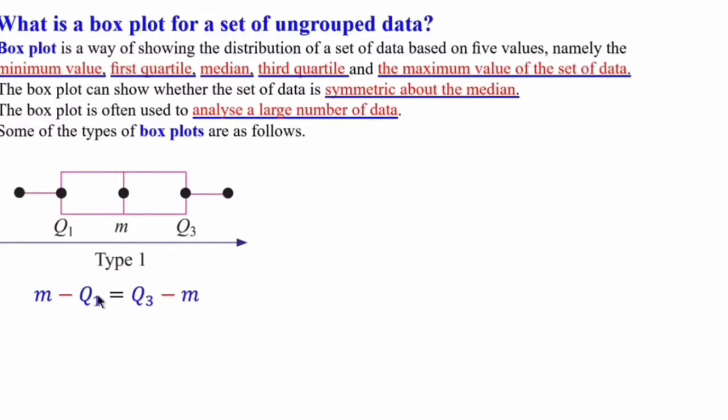The box plot shows that Q1, median, and Q3 are equal length, so symmetrical. Symmetric means both sides are equal balance. So you can observe that the set of data is symmetric about the median.